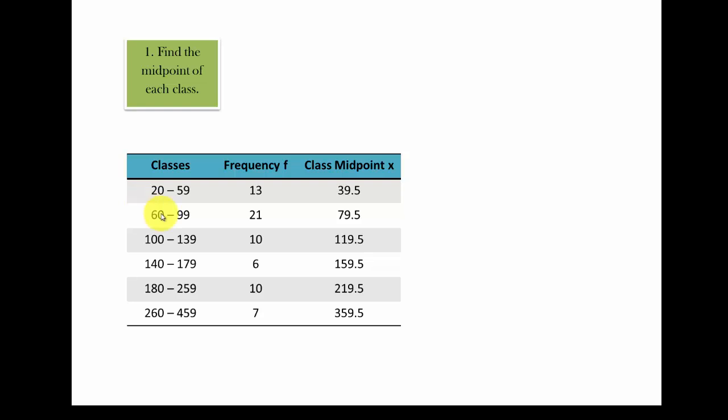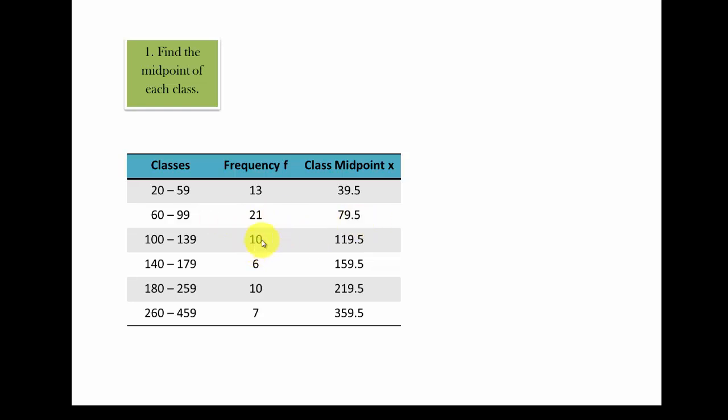We do the same thing for each class. For the second class, we add up 60 with 99 and divide by 2. And we get the midpoint 79.5. So, we have 21 values of 79.5 that go in the second class.